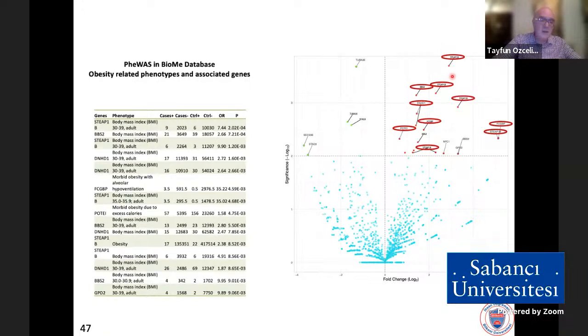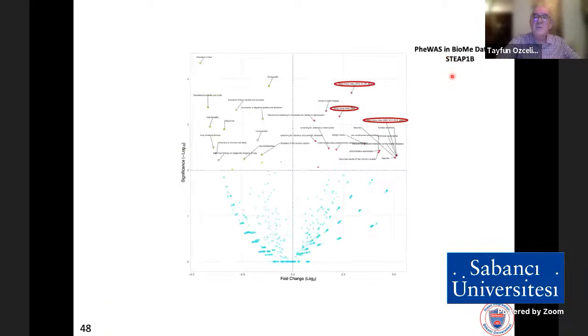Because of the ongoing studies, I do not want to go into more detail of this candidate. But when we look at the variant across the whole phenotypes, we saw that it is highly associated with individuals with a body mass index of 30 to 40, so classified as obese.